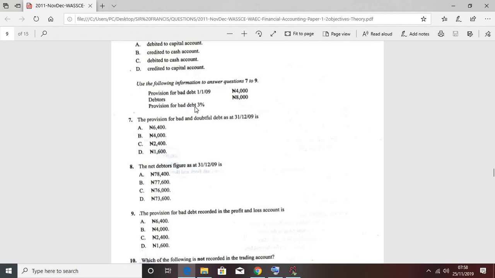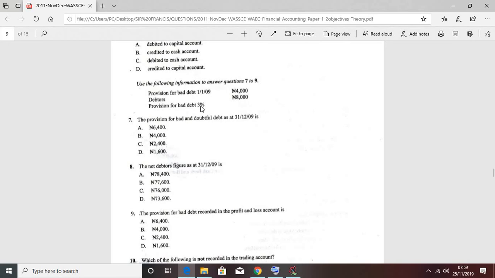And the provision for bad debt itself is 3%. It means the accountant has anticipated that 3% of the debtors will become bad. It means we cannot recover such amount from them. So we should provide 3% as a bad debt.